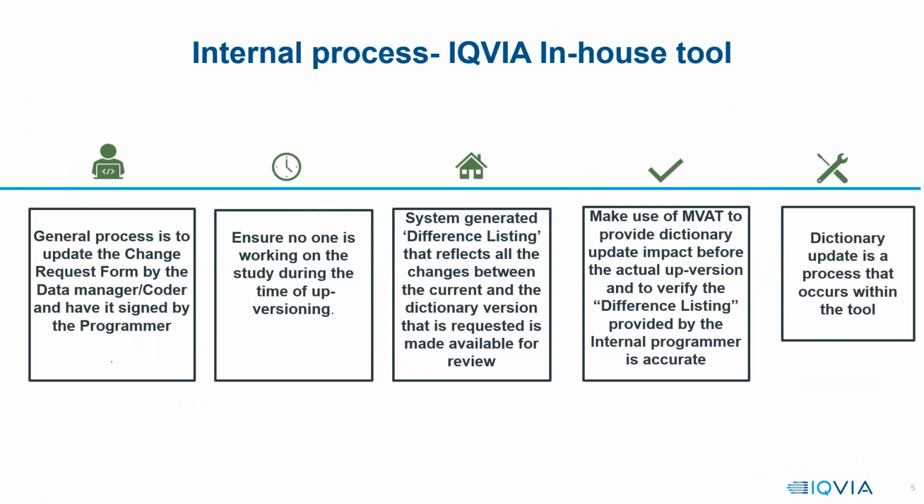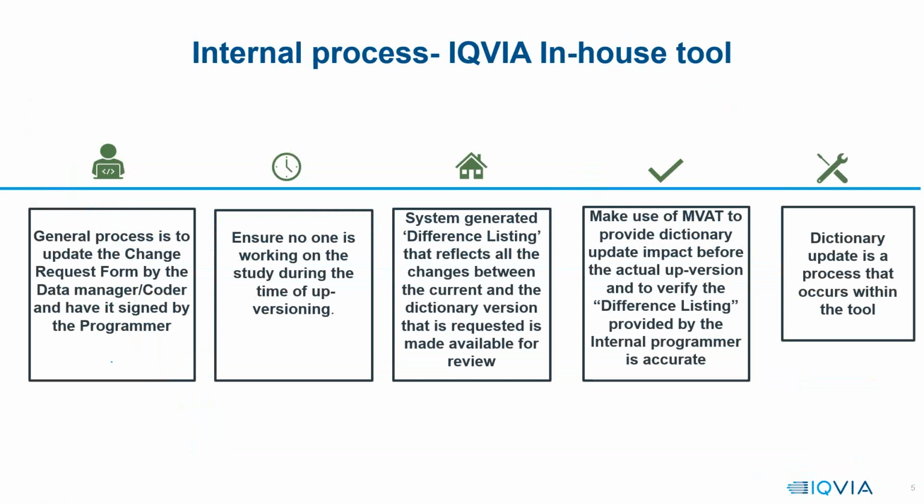Right. So dictionary upversioning in IQVIA in-house tool. IQVIA has established an in-house coding tool that it utilizes for some of its studies. For the upversioning process in the in-house coding tool, the general process basically consists of 5 steps. There is something called a change request form that we have in place in our organization, which would need to be updated by either the data manager or the coder.